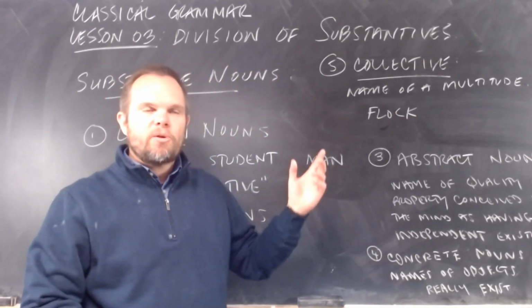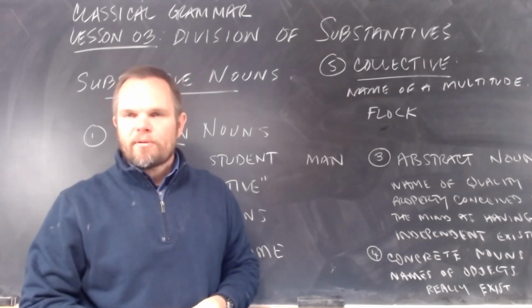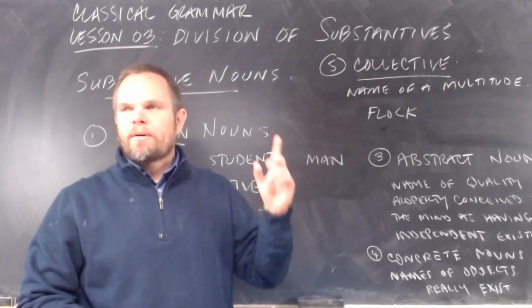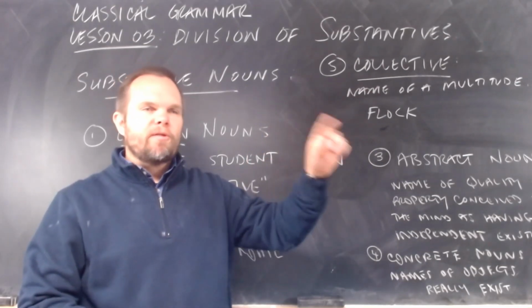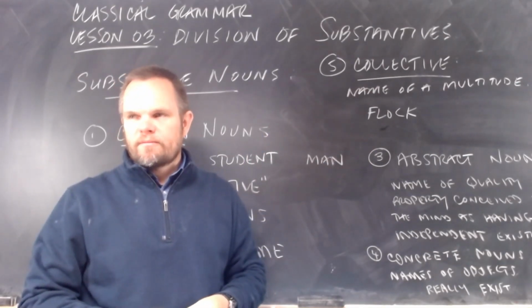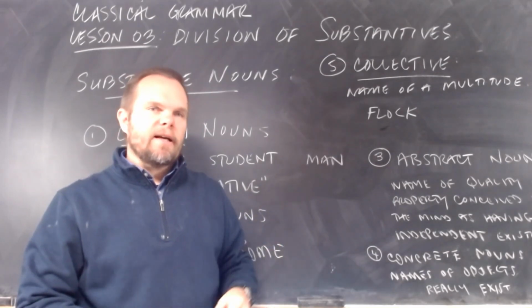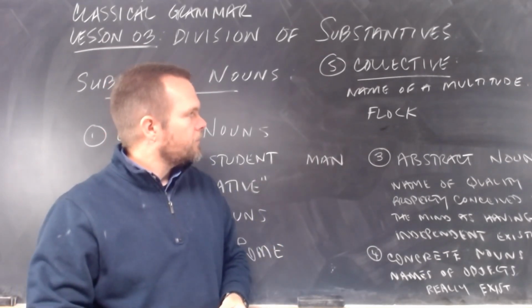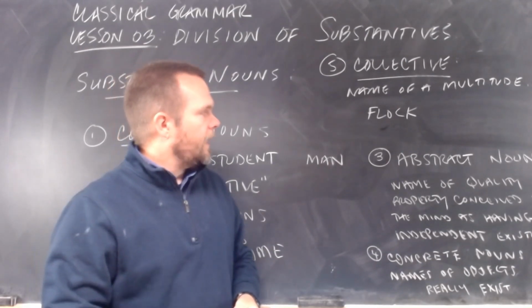So if I ask you, is flock singular or plural? The answer is, it refers to a multitude, but it's singular because it refers to the whole multitude. It's a collective noun. The name of a multitude.